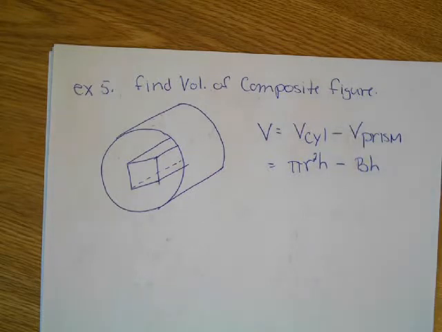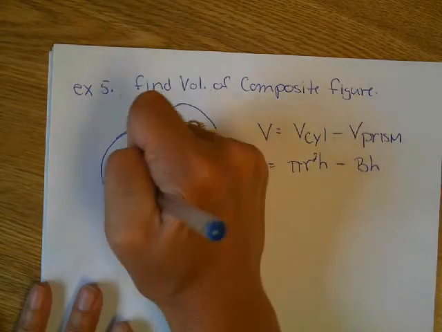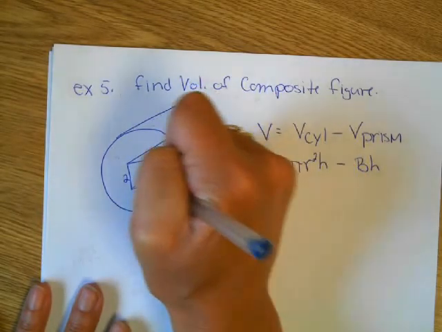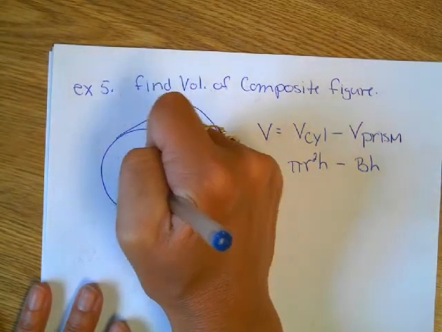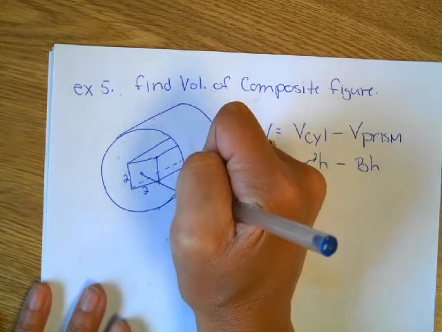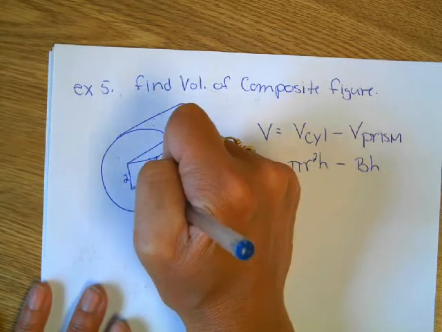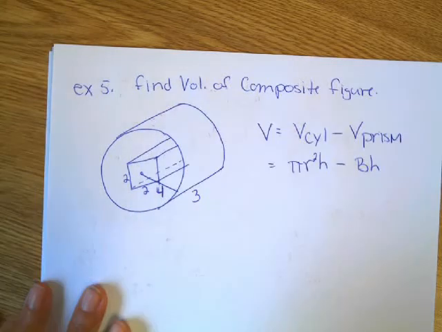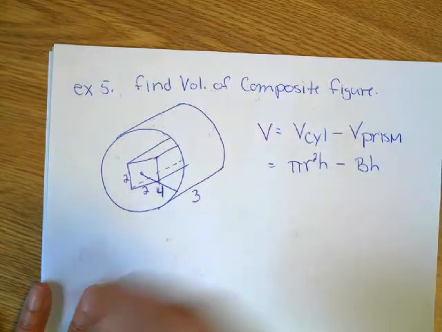Okay, so now some values for you. We've got a square, 2 by 2. From the center of this to the circle is going to be 4. So we've got a radius of 4. And then the cylinder is 3 tall.